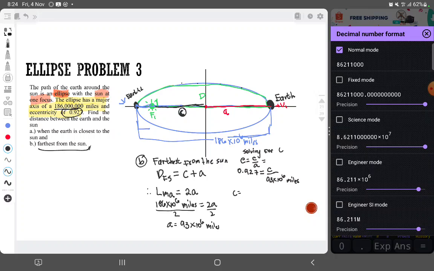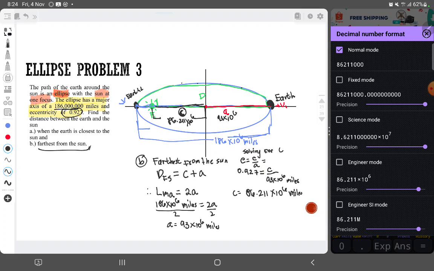We have 86.211 times 10 raised to 6 miles, meaning the distance from the center to the focus is 86.211 times 10 raised to 6. That is our C, and our A is 93 times 10 raised to 6.